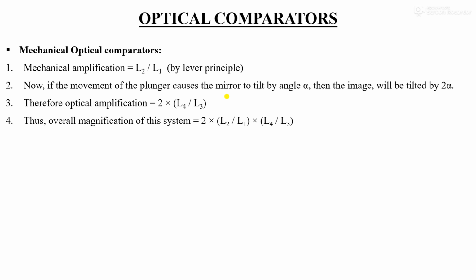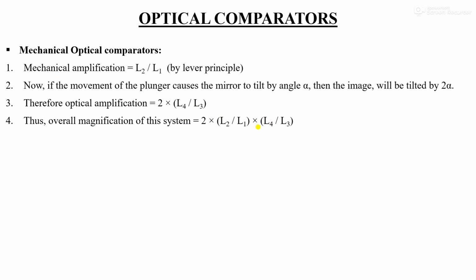The total magnification of this system will be 2 into L2 by L1 into L4 by L3. We simply multiply the mechanical and the optical amplifications, and with this equation we get the total amplification or magnification of this system.